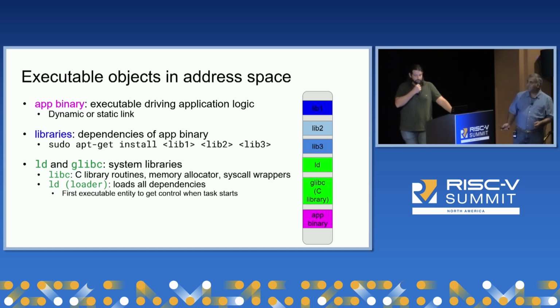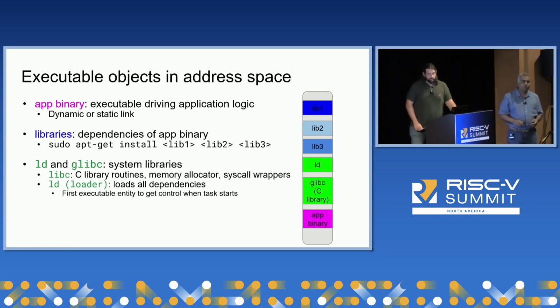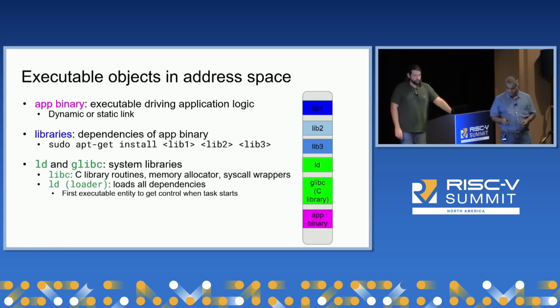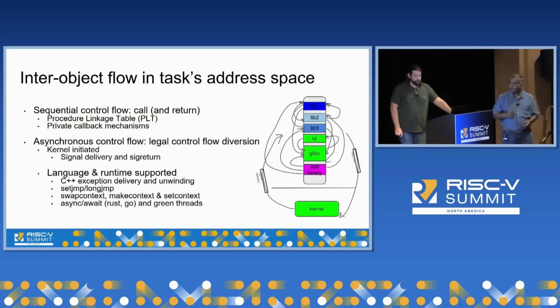All of these modules are loaded into the process address space by a special program called the dynamic loader, or the LD. LD is the one that runs when a task starts, and it looks at the dependencies of that application and loads the remaining dependencies into the address space.